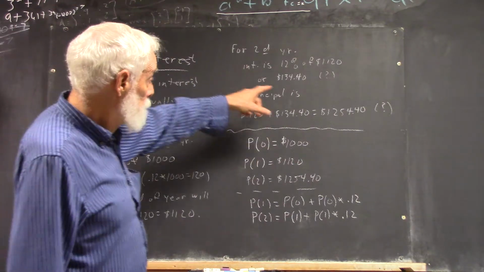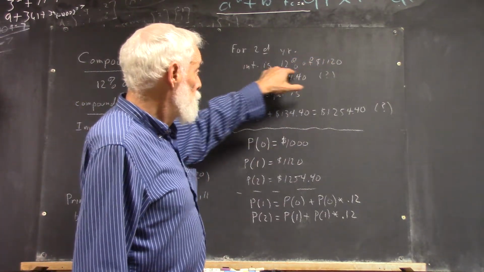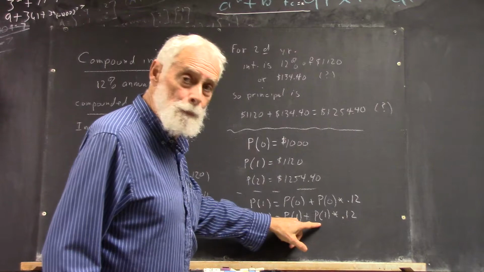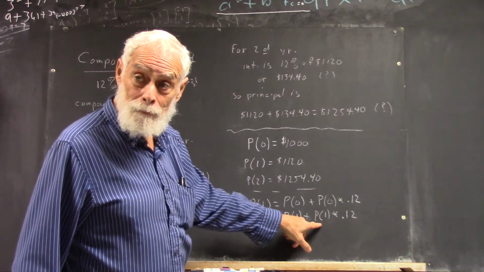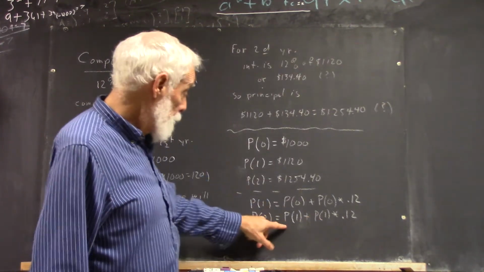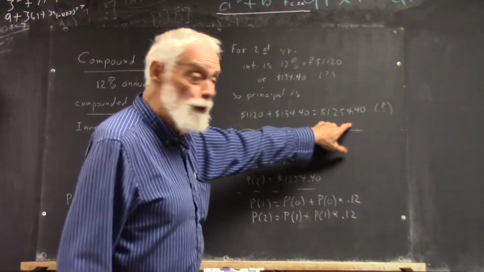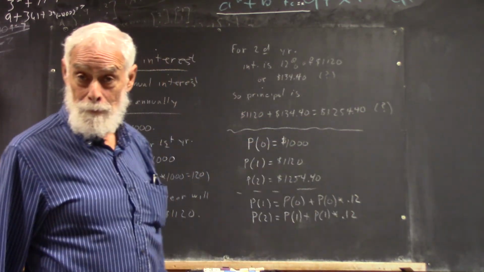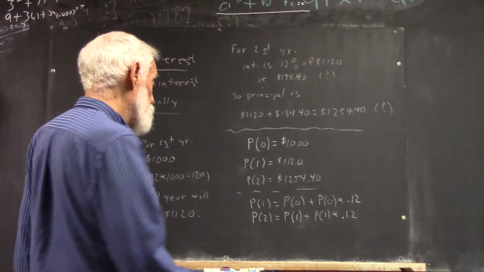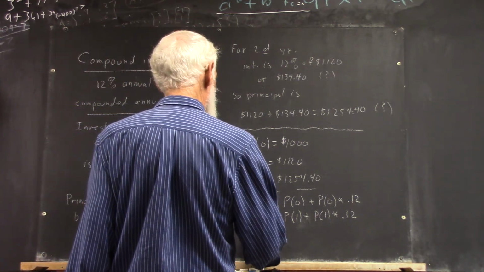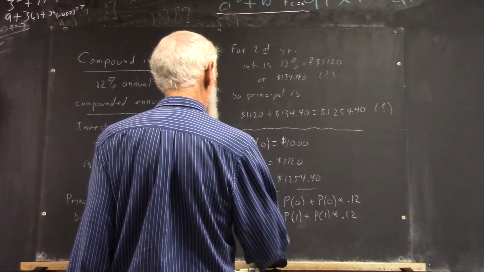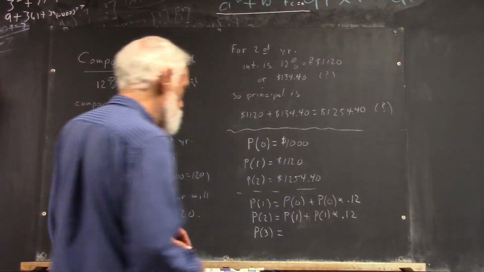We multiplied the 1120 by 12%. Well, P of 1 is the 1120, right? That's times 12%, and we added that to the P of 1, which is 1120, and that's how we got this, right? Okay, so write down for me, what's P of 3?